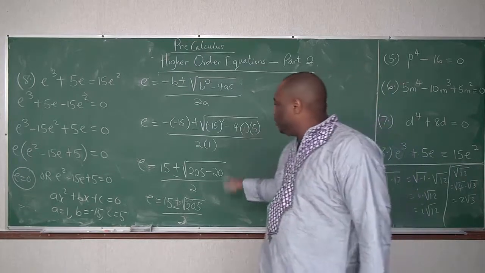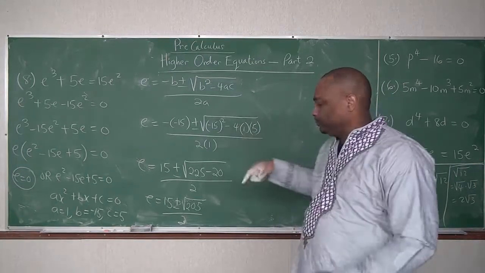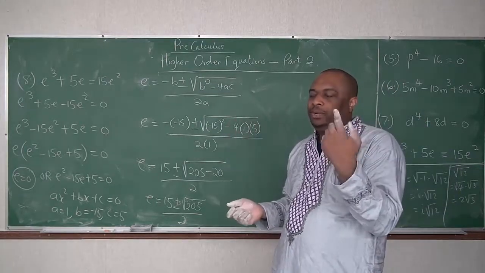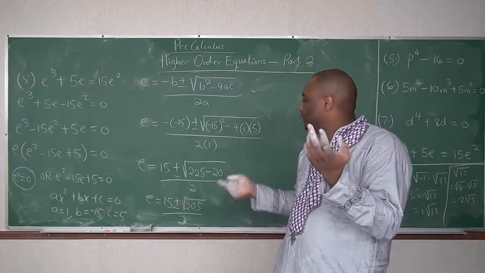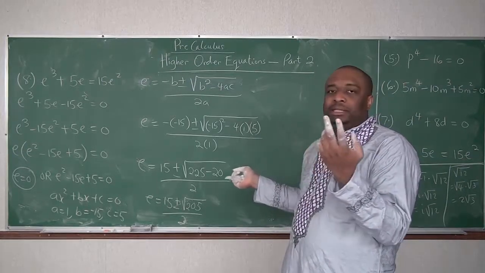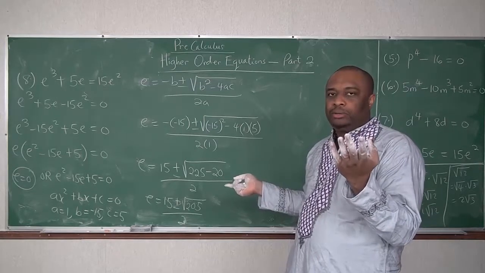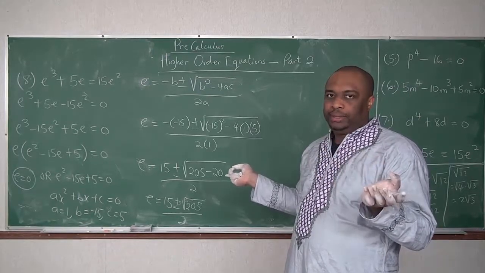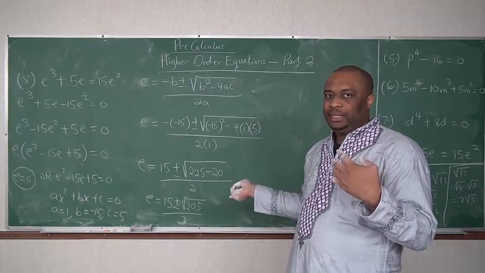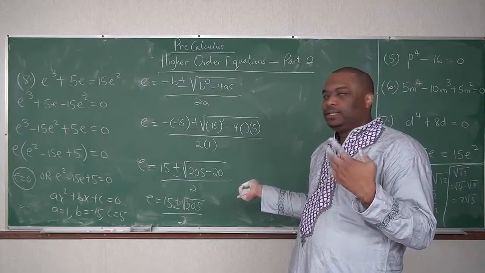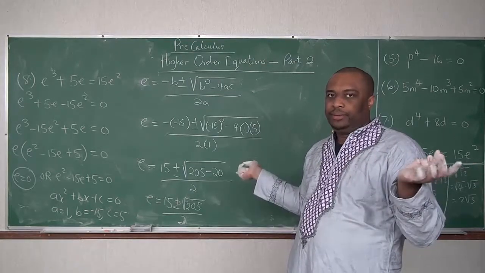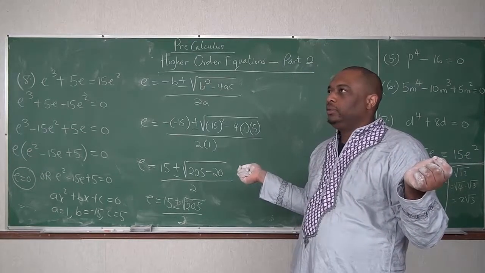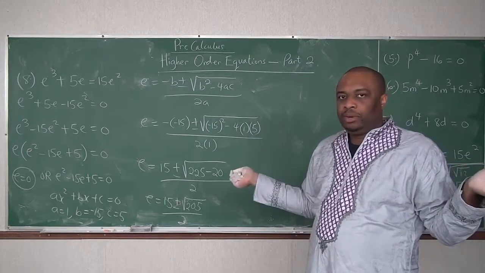Yeah, because 205, if you look at the perfect squares, 1, 4, 4 won't work. 9 wouldn't work either. 16 would not work either. 25 will not work either.